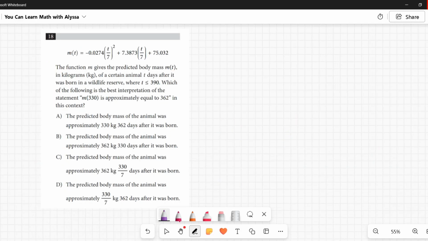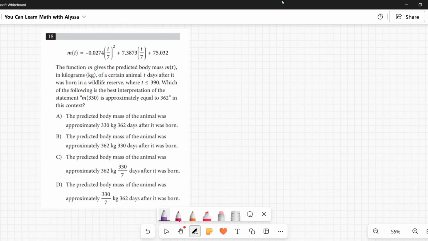Number 18. M of t equals negative 0.0274 times (t over 7) squared plus 7.3873 times (t over 7) plus 75.032. The function m gives the predicted body mass m of t in kilograms of a certain animal t days after it was born in a wildlife reserve, where t is less than or equal to 390.